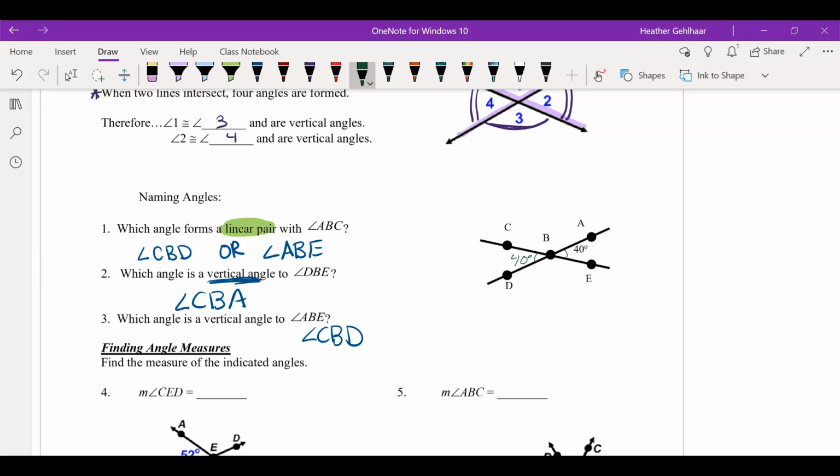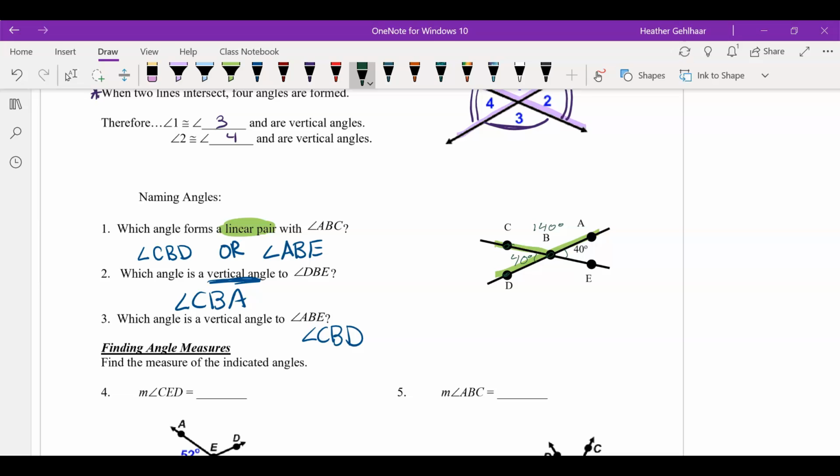We can also then say that CBD is a linear pair with CBA, right? That angle there. We can say that this one is 140 degrees. How can we say that?